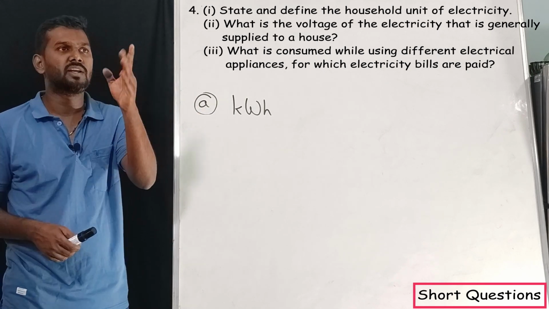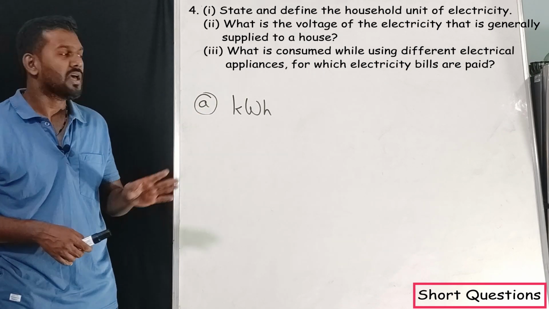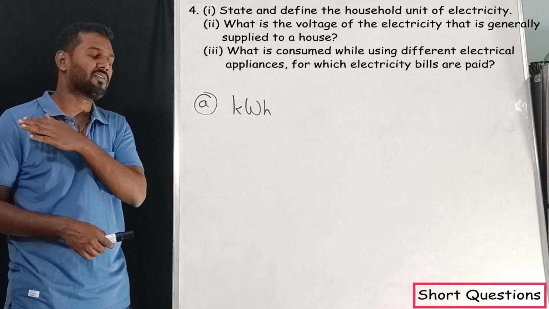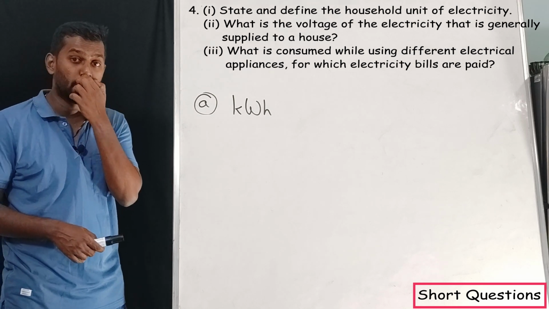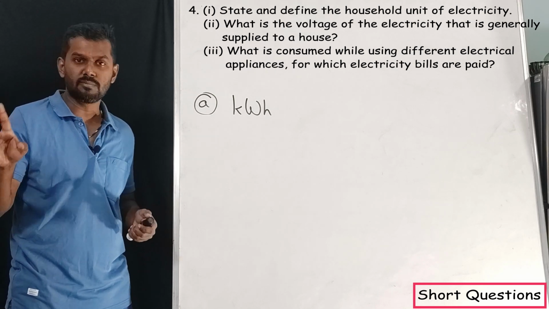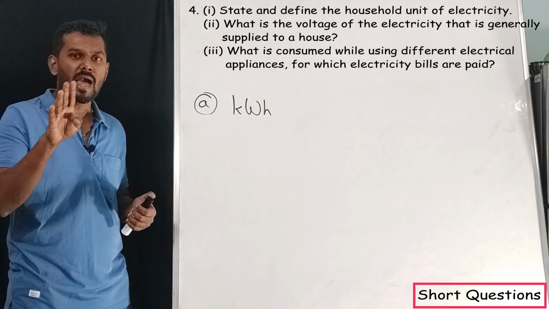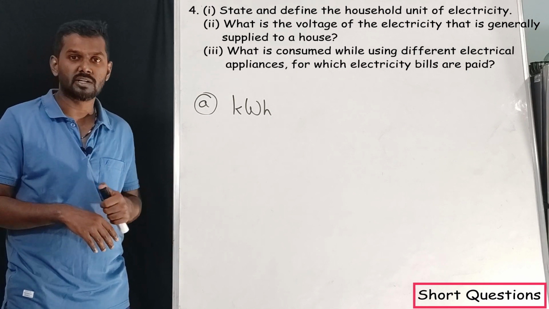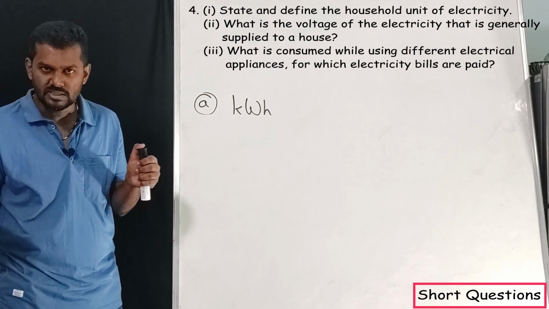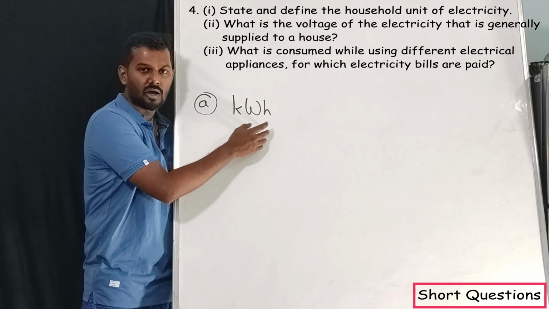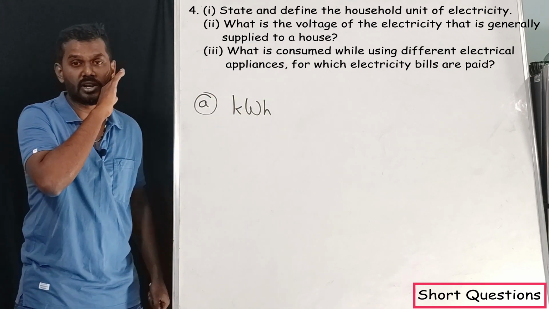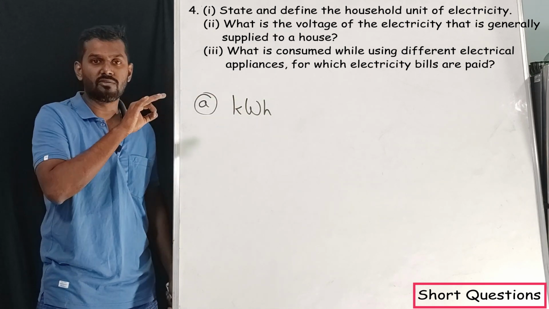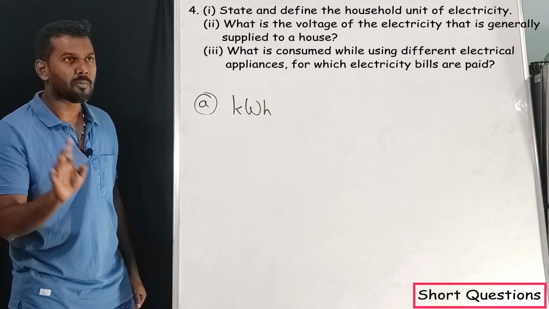Don't worry about the definition of household unit of electricity. In the physics board exam, maximum marks, 3 to 4 marks, will be asked based on definitions, but definitions of units are never asked. Till now it has never been asked. So don't worry about it.